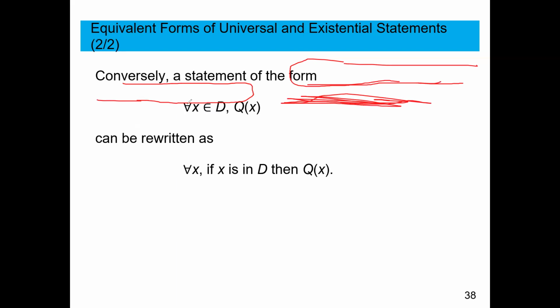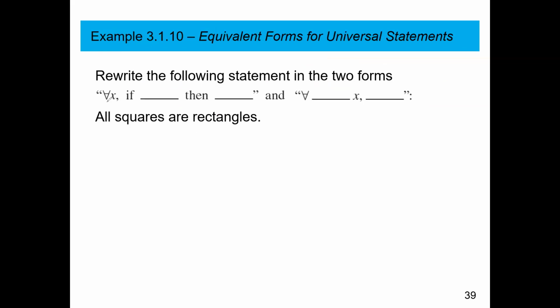All right, so let's look at another example. Let me just go here. How would I write this in two forms? So I have this, all squares are rectangles. How can I write it up here and here? Two forms.